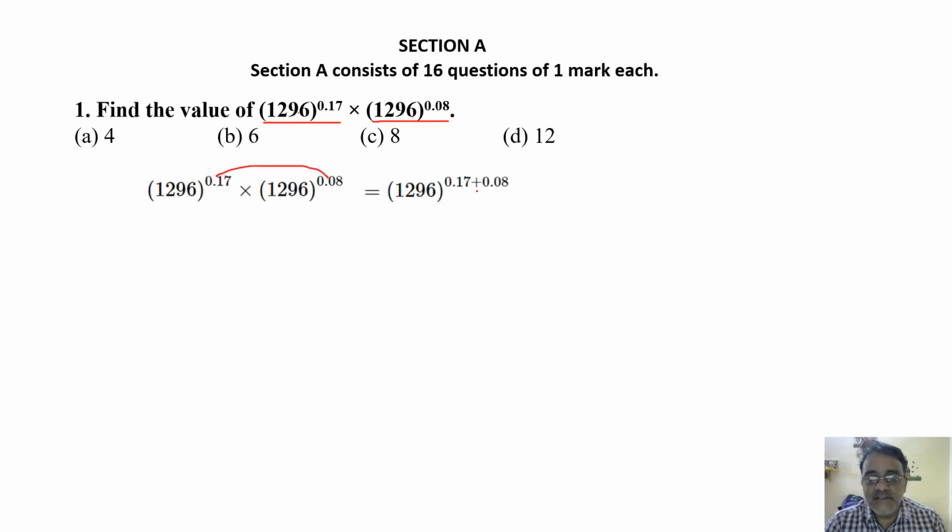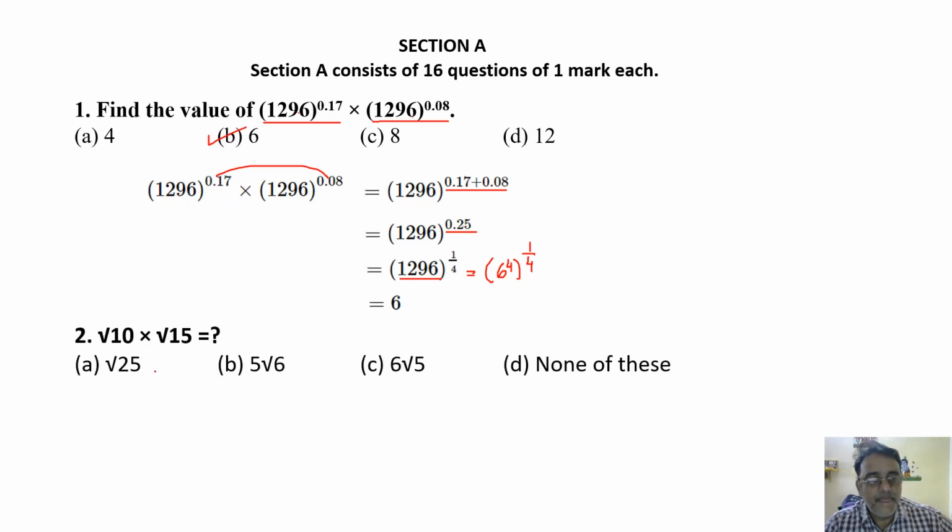So 0.17 plus 0.08 will be 0.25, and 0.25 we can write 1 by 4, and 1296 we can write 6 to the power 4. So 6 to the power 4 whole to the power 1 upon 4. So क्या होगा, when you multiply these two, 4 will be cancelled and you will get 6, and the correct option is option B.